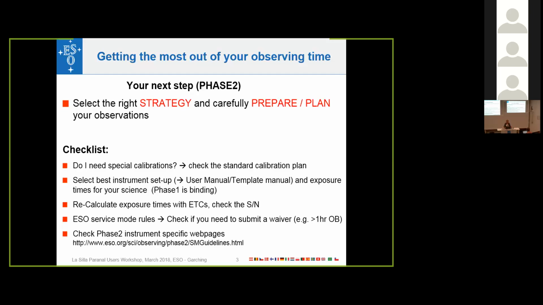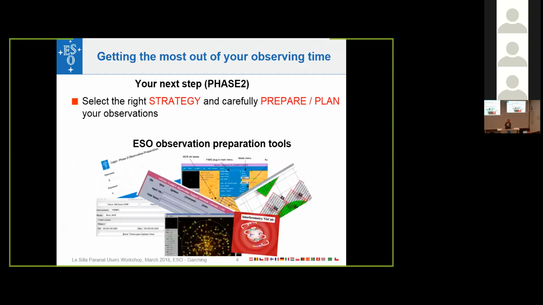Okay, so of course ISO provides many tools for observation preparation, some of which are mandatory and some are optional. With these observation preparation tools, you will be able to design, plan and implement strategies specific for your science case. So I'm now going into details on how to decide on the different strategies.